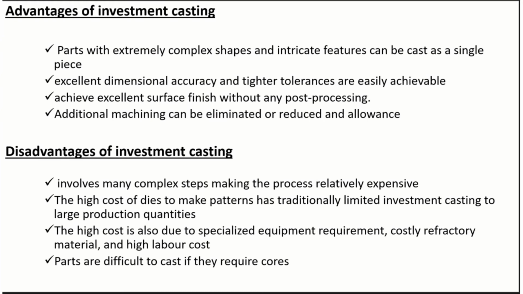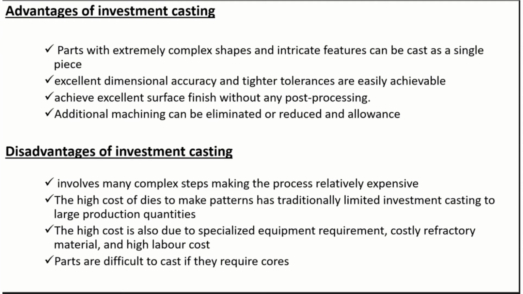Second, the high cost of dies to make patterns has traditionally limited investment casting to large production quantities. It means the infrastructure of this process is comparatively high. The high cost is due to the specialized equipment requirement, costly refractory material, and high labor cost.